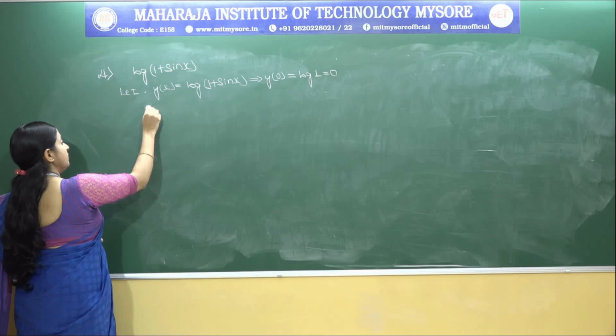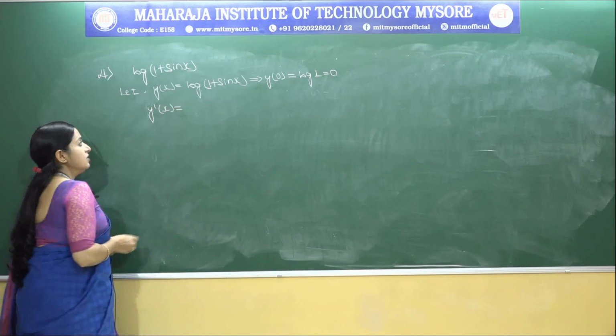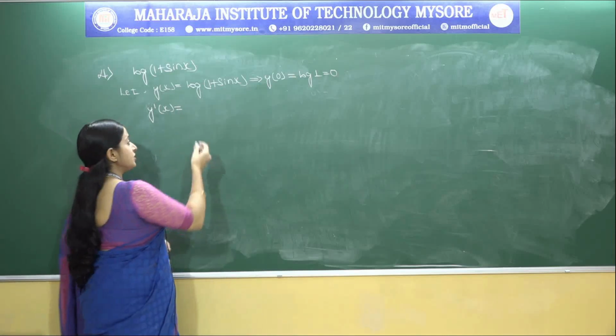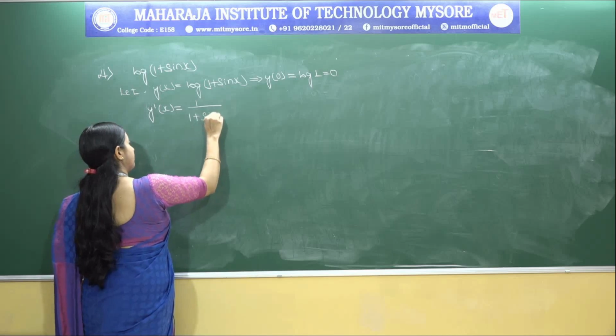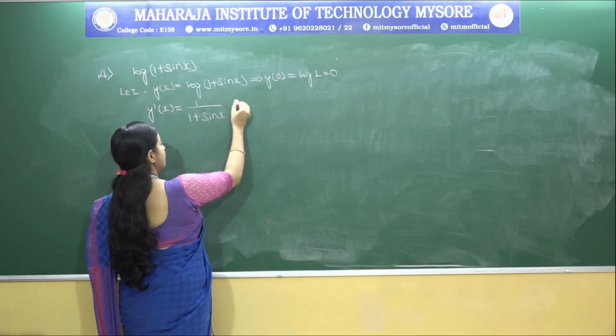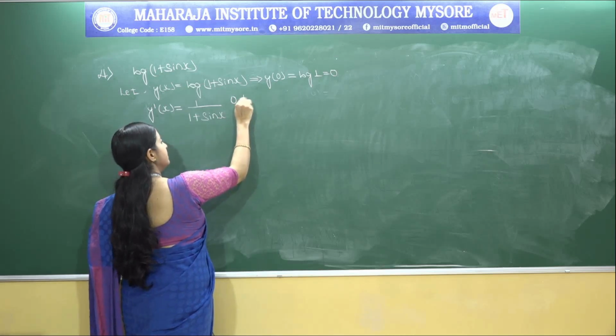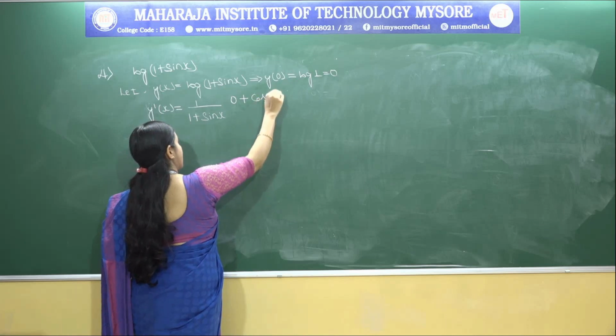For the second term, the first derivative y dash of x, log x differentiation is 1 by x, so it is 1 by 1 plus sin x. Differentiate the 1 plus sin x. For the 1 you will get 0 since it is a constant term. Sin x differentiation is cos x.